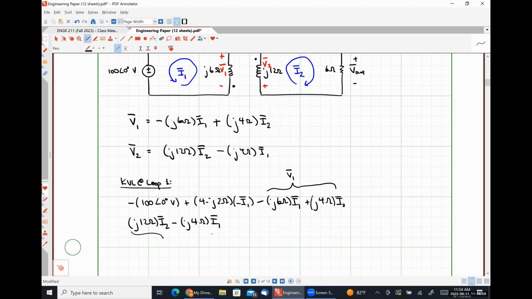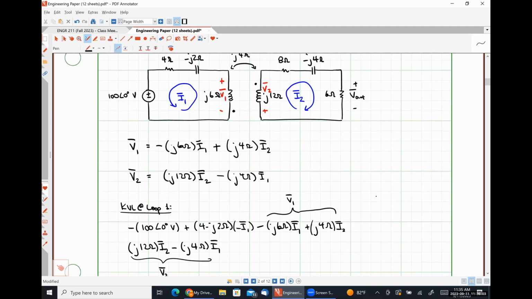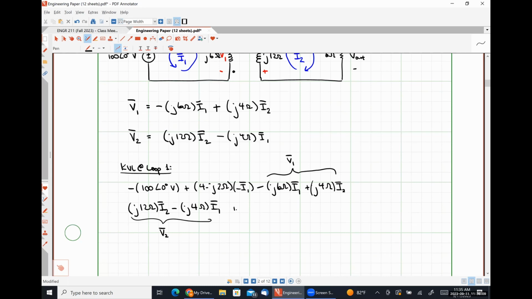Just going to make a quick note here that this is just V2. Then I'm going to have, let's see, 8 plus 6 is 14 minus J4 times I2 is equal to 0. And I apologize for forgetting to put equal to 0 up there.